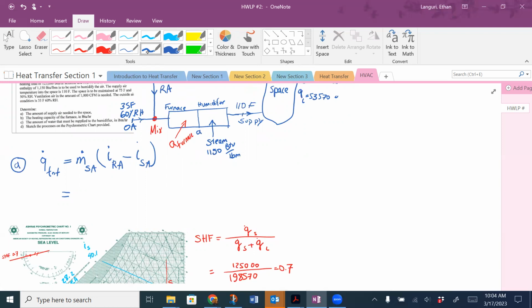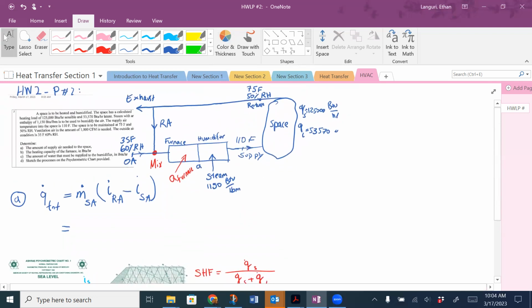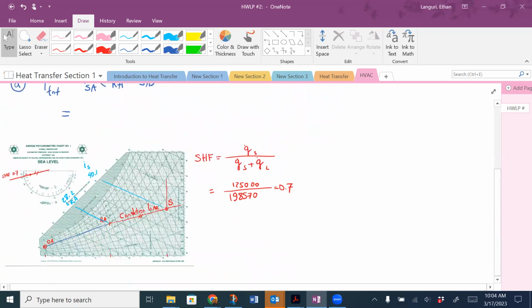So Q total is 178. Sorry, when I said 198 here, that should be 178. Looks like my note was bad. So Q total is 178,570.